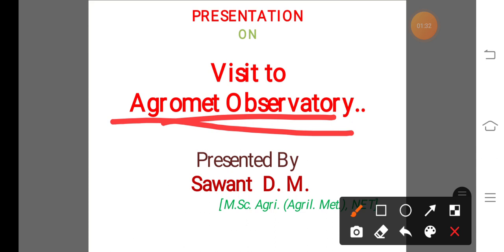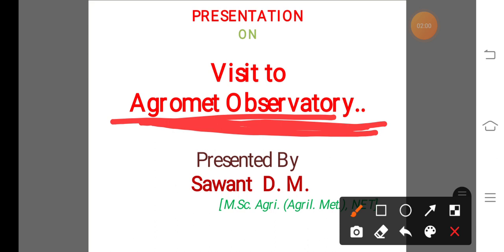Also we discuss points like recording of observations on plants, also hours and orders of observation, that means at which time the observation of the different weather parameters should be recorded. There are several different parameters. They have different times of observation in the observatory. It is based upon the Indian Standard Time.